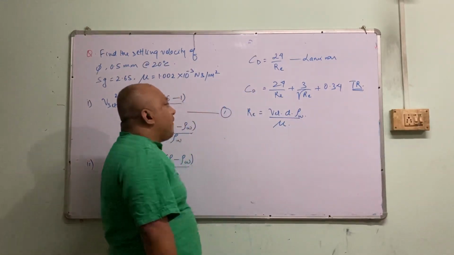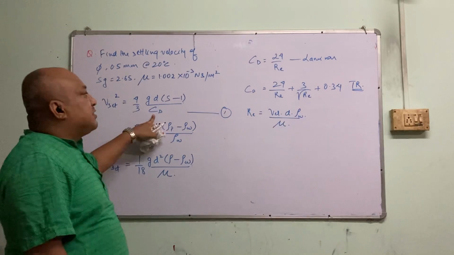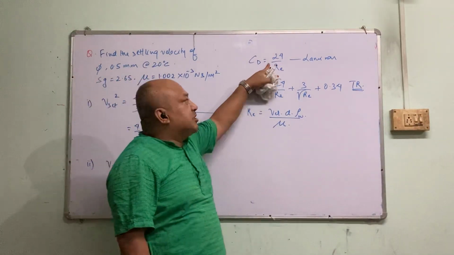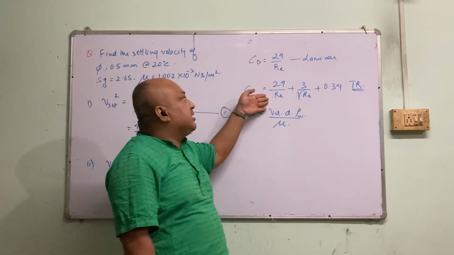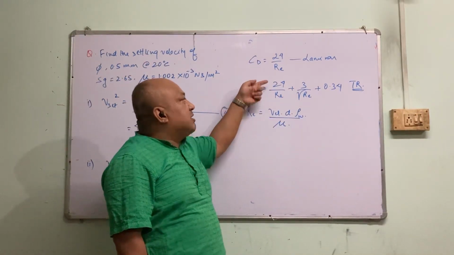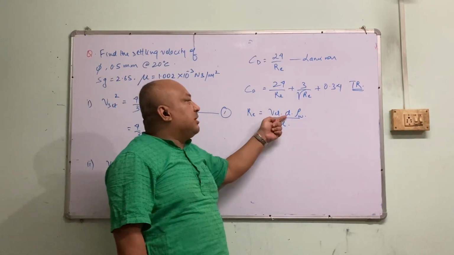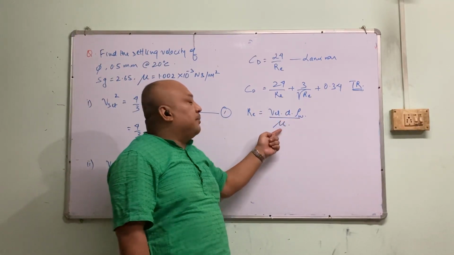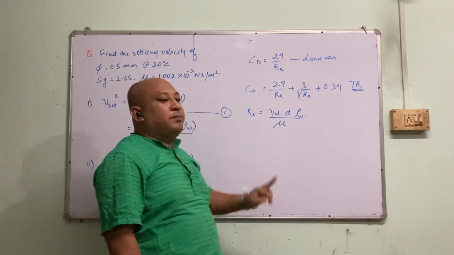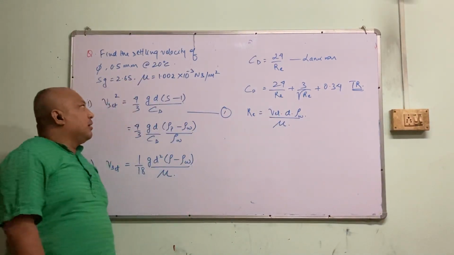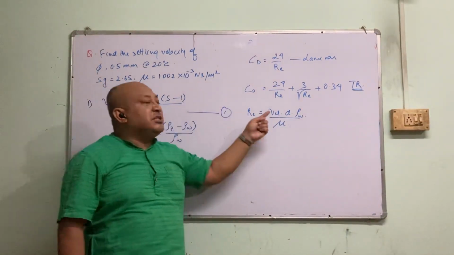So if we want to use this equation, we should know the value of CD, and in both CDs the Reynolds number is involved, which again involves the velocity. That means to find a velocity, we need to know the velocity again.